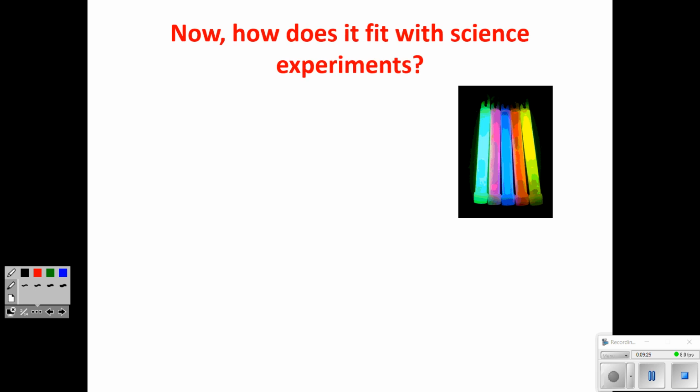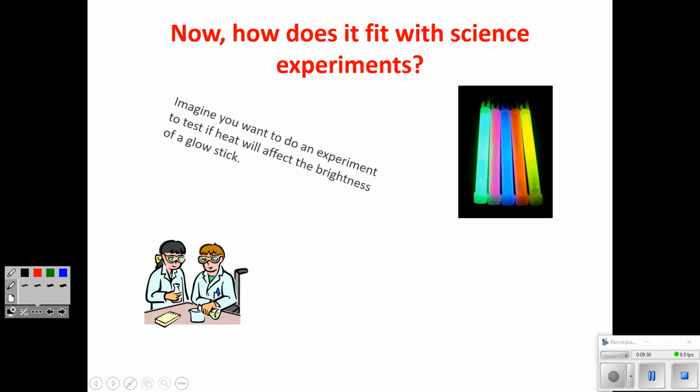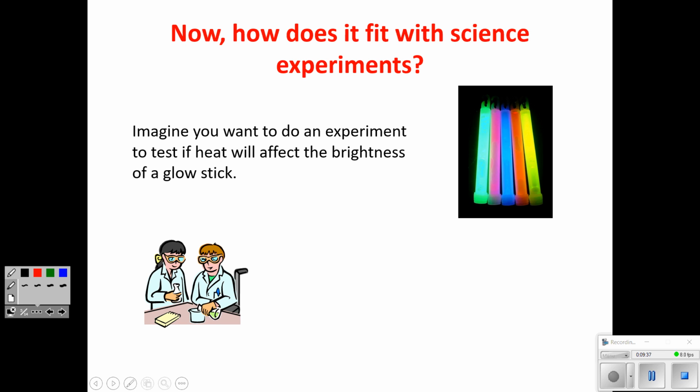Now, this is an experiment that you will do in class, so that you can see this going on and apply these concepts to, but this is all about glow sticks. So it says, imagine you want to do an experiment to test if heat will affect the brightness of a glow stick. So when you are looking at this one statement, you can automatically pick out, what am I testing and what am I testing it for?